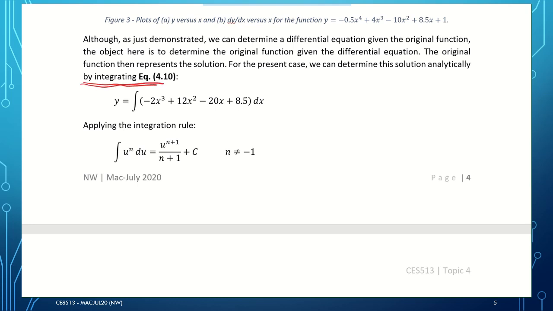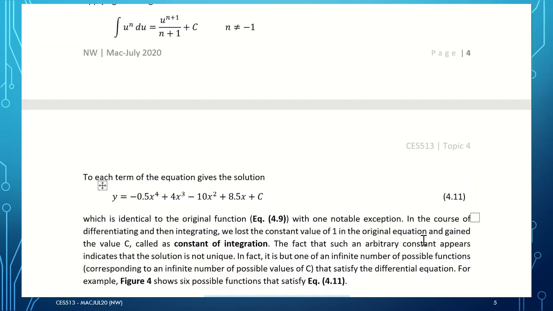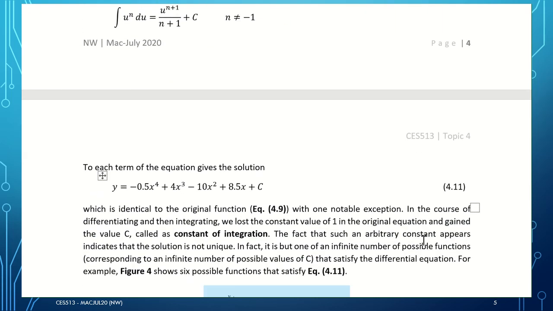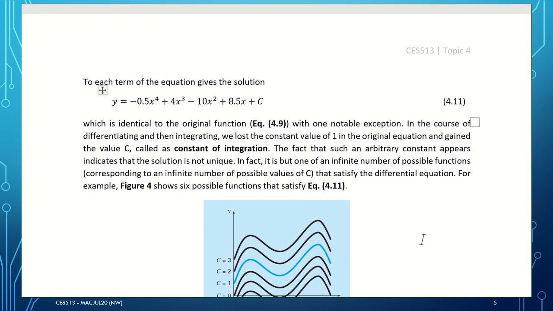The differential equation can be integrated to get its original function. When integrated, we will get equation 4.11 here, which looks identical to the original function in equation 4.9, but with one notable difference here, C.